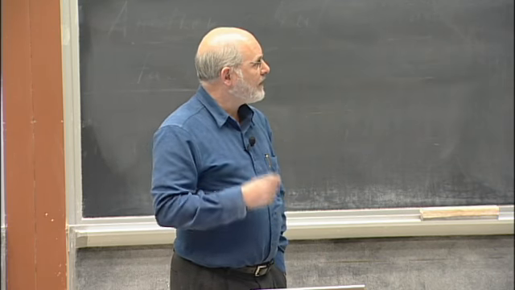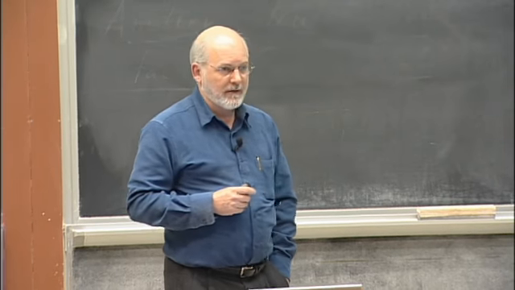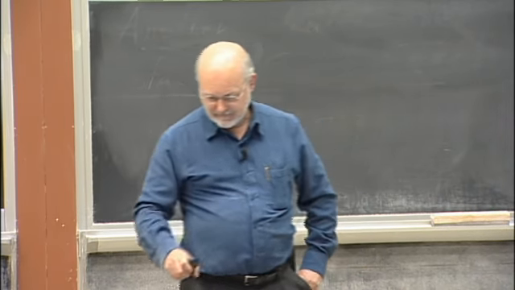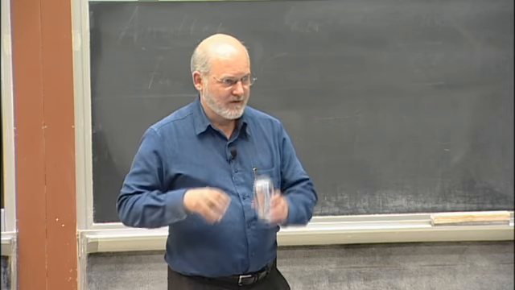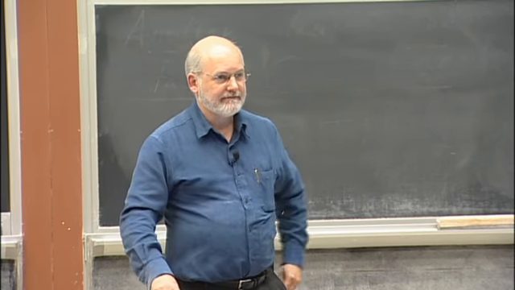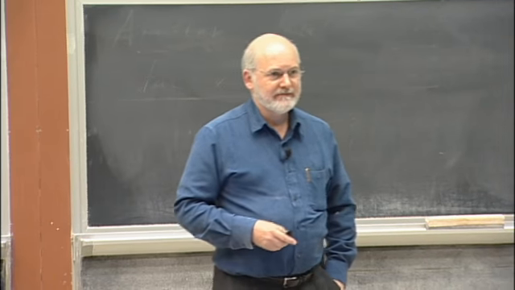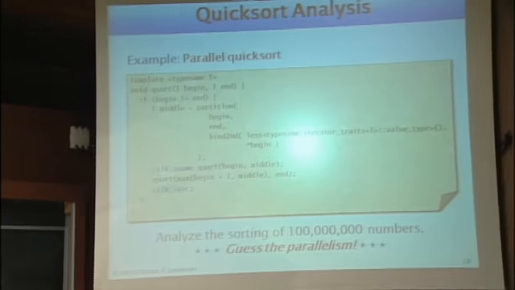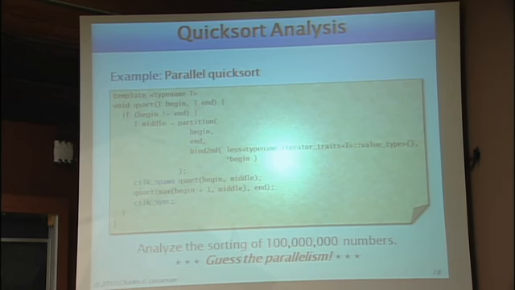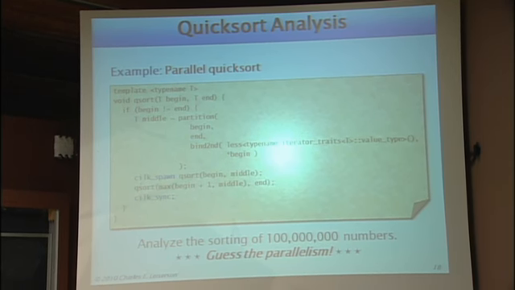Okay, so suppose that we're sorting 100,000 numbers. How much parallelism do you think is in this code? So remember that we're getting this recursive stuff done. It's not going to be more than 100,000, I promise you.